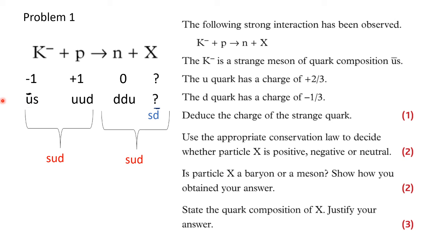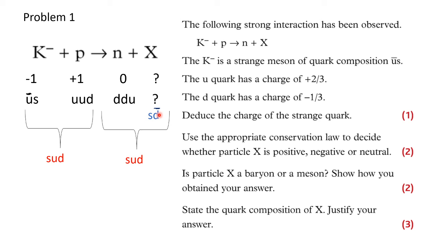This is to conserve charge, we get this, right? So by looking at the composition, now you can double check with the charge. Here s d bar. We have obtained that the charge of X should be 0.